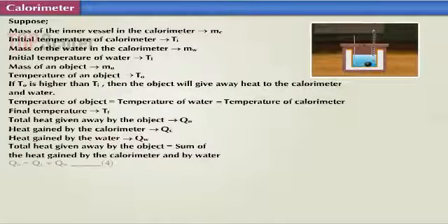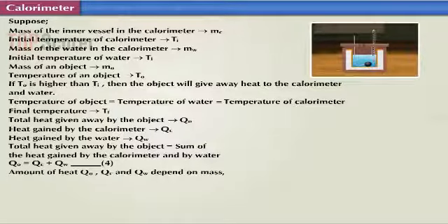That is, Qo is equal to Qc plus Qw. We already know that the amount of heat, that is Qo, Qc and Qw, depend on mass, specific heat and change in temperature, that is delta T.